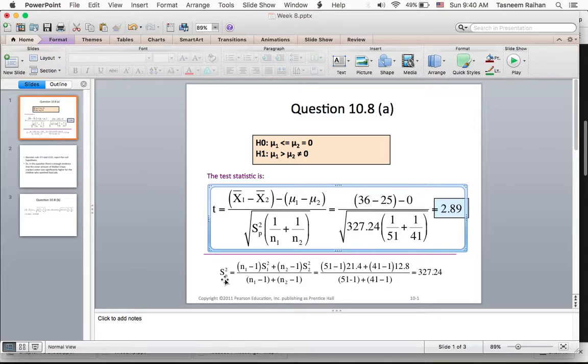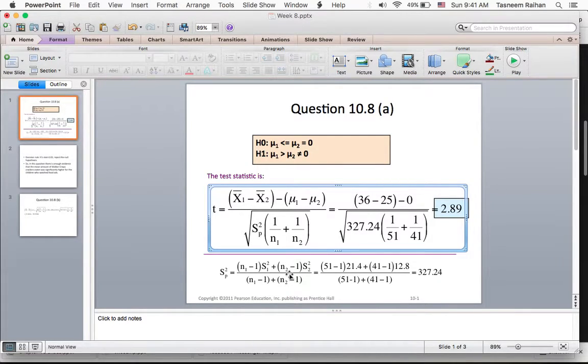For S squared P, we see that we have these two terms, S1 squared and S2 squared. So what is S1 squared? If we plug in the standard deviation for sample 1, that is S1.